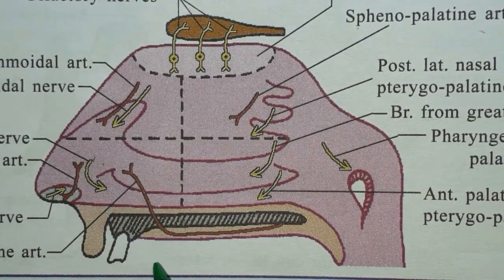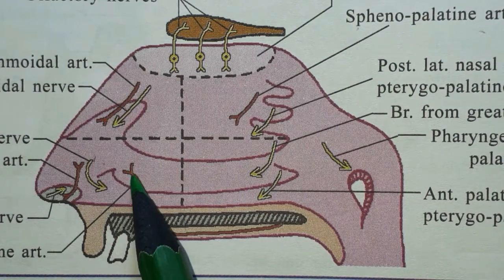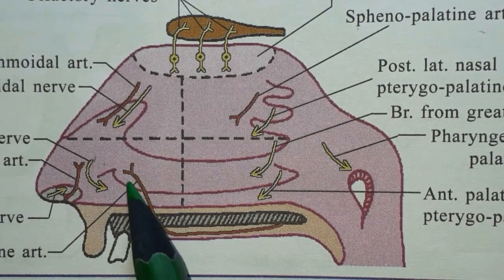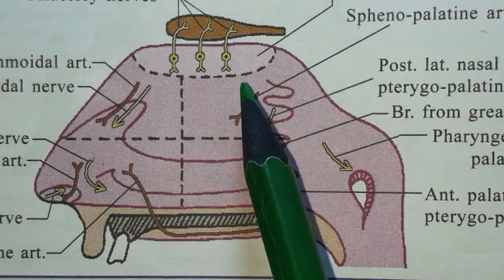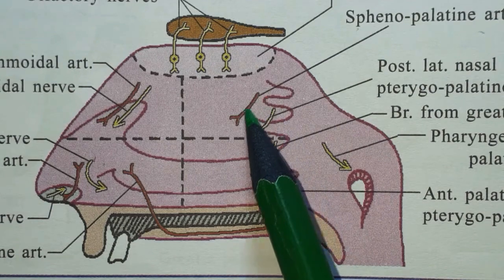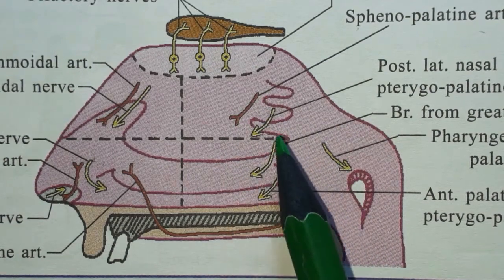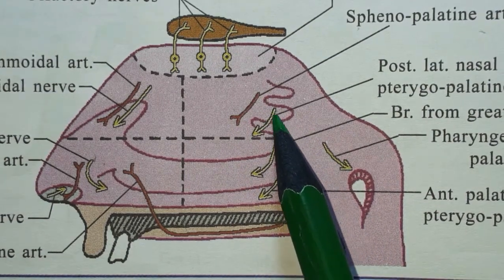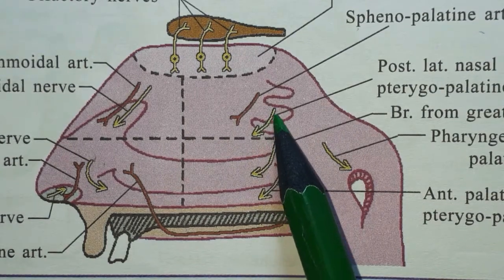And also you can see the greater palatine artery. This is the greater palatine artery. In the superior and the posterior quadrant, you can see the sphenopalatine artery over here, and the posterior lateral nasal branch of the pterygopalatine ganglion. This lies over here.